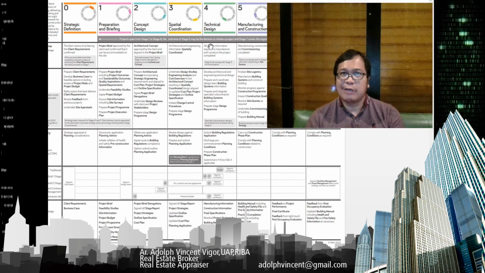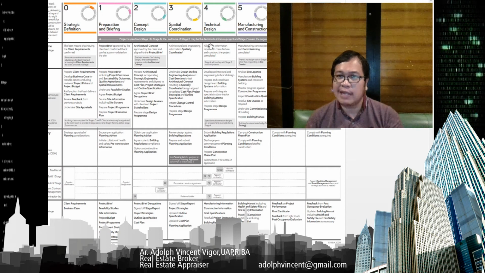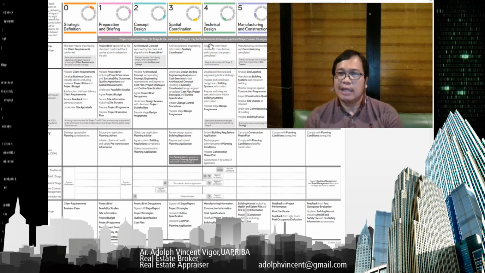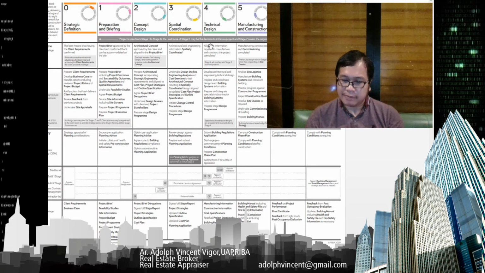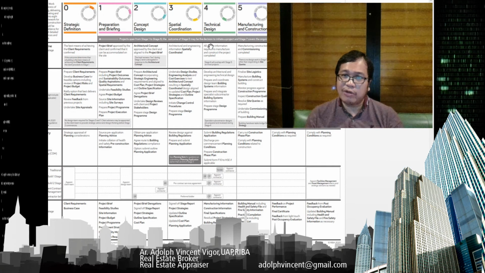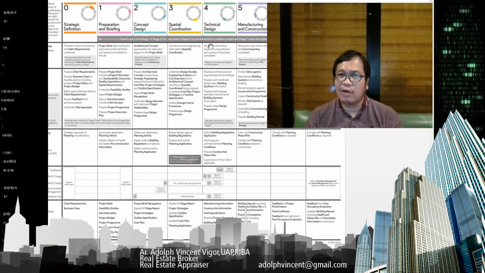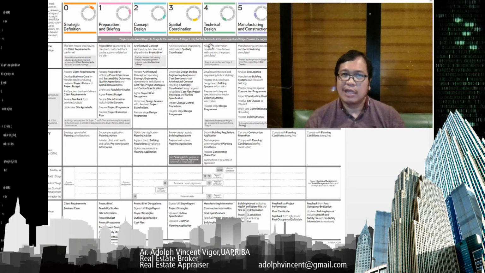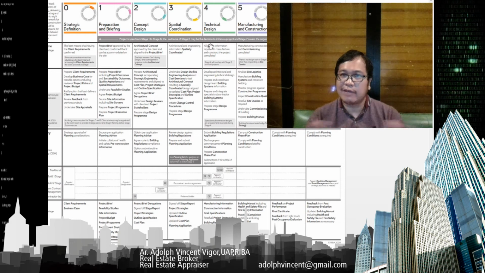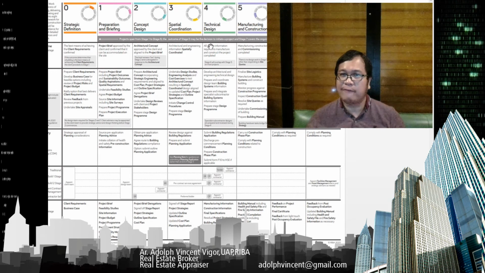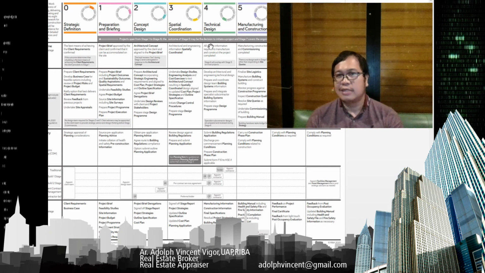But I think what's really important, if you want to provide value and service to the client, as well as ensure that the building is functioning in accordance with the project requirements and the sustainability requirements, is to view it through the lens of the 7 stages, a life cycle view of the building from start up to its end.